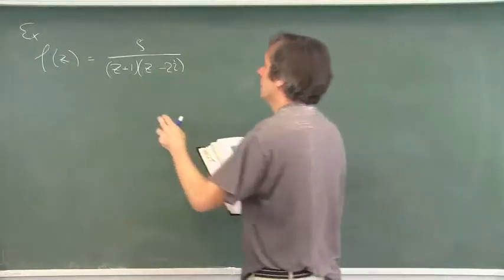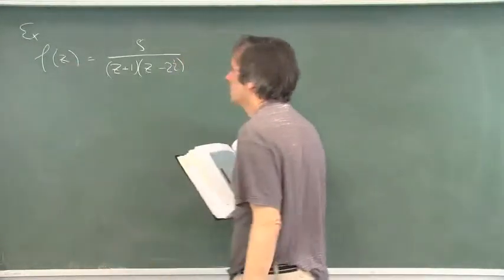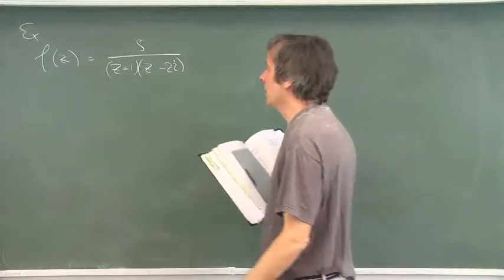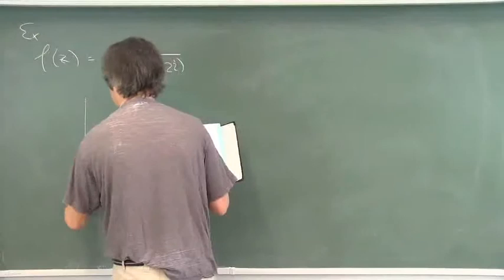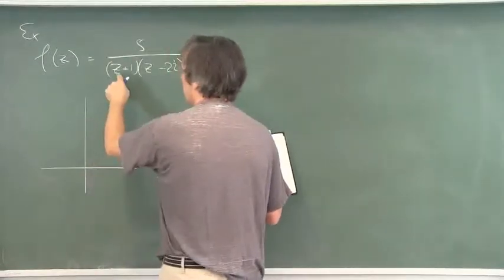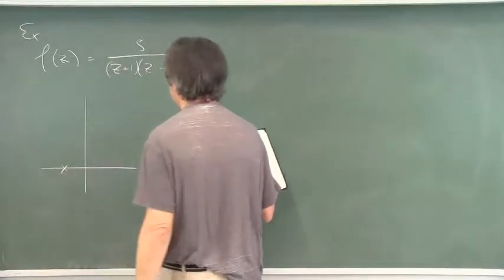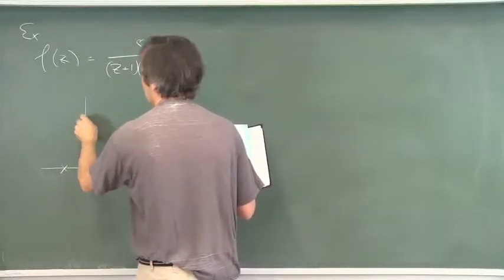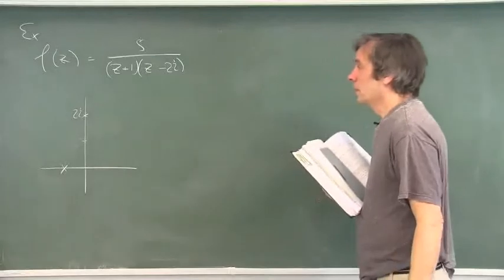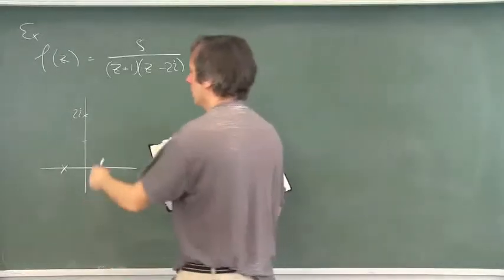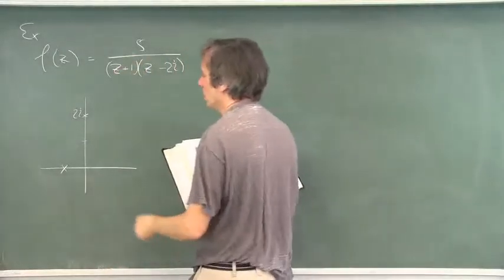In this case, you see that you have a function which is analytic in the complex plane, except for 2 points. So at the point -1, you will have a pole, and also at the point 2i, you will have a pole.